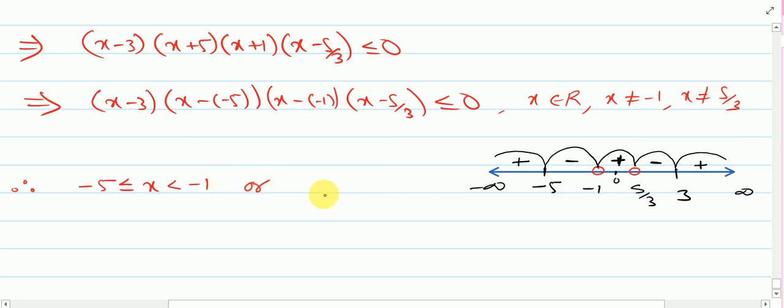Or 5 by 3 less than x less than equal to 3, because 5 by 3 is not included. So this is the answer. So for x lying in this interval or in this interval, the given inequality will be satisfied. So this is the answer. So this is all for today.